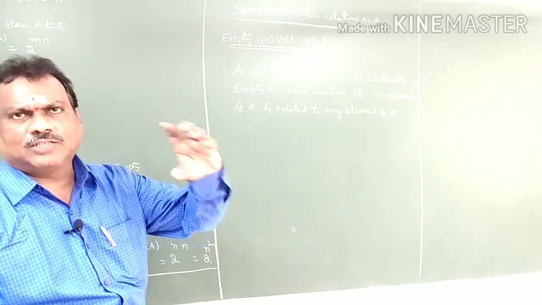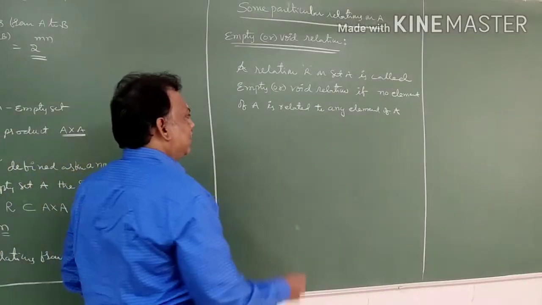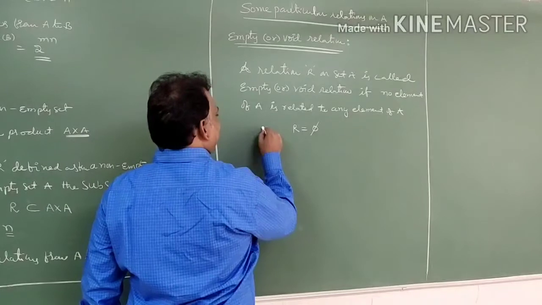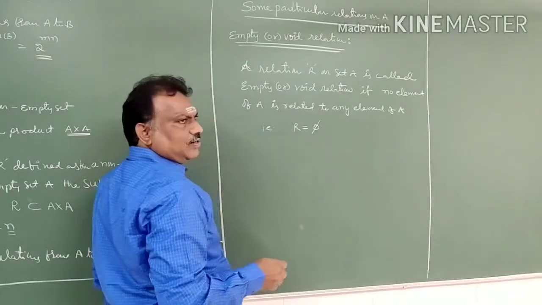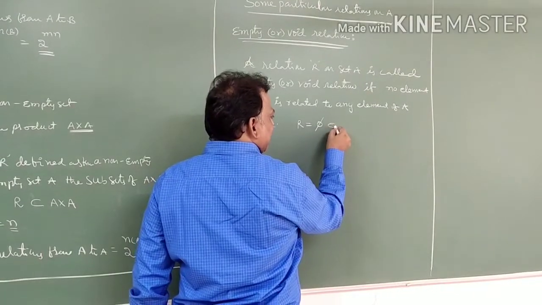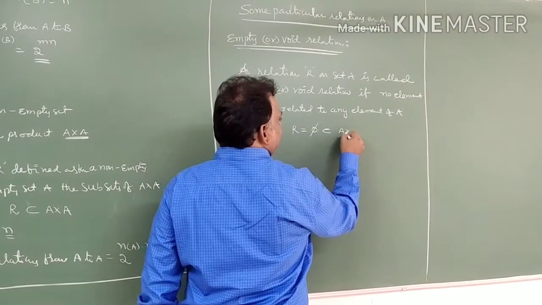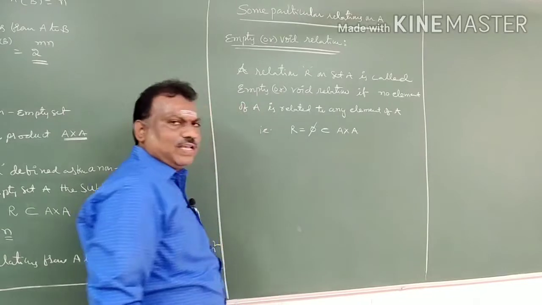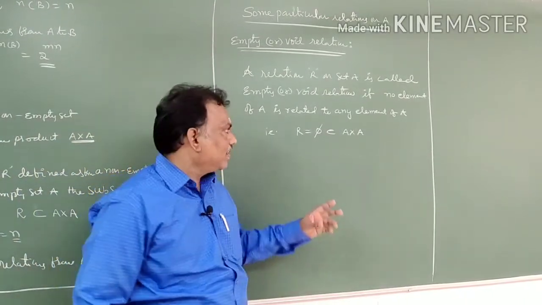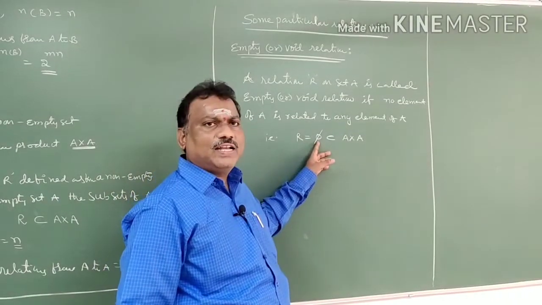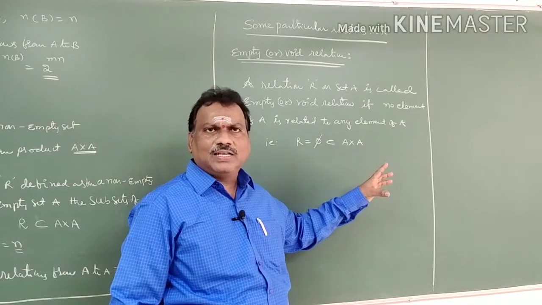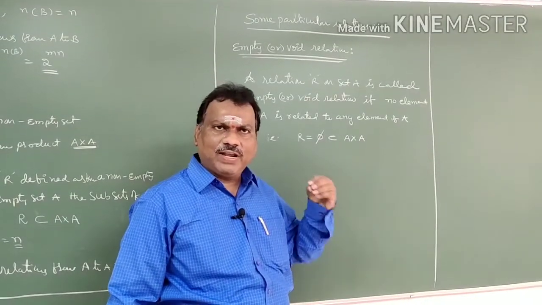There are no possibilities in that particular relation. That's why we will denote it as R is equal to phi. That means the relation is equal to the empty set, which is a subset of A cross A. Why? Because the empty set is a subset of every set, you know very well from the first PU.